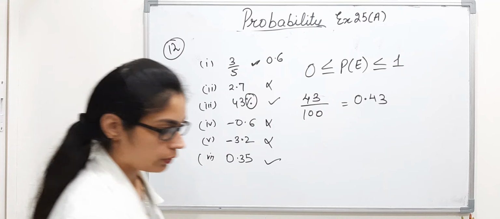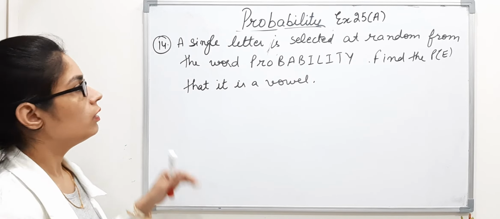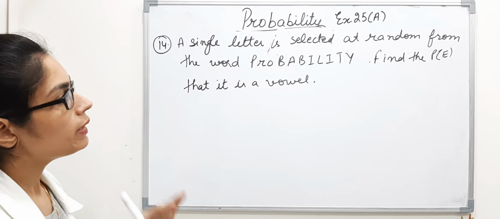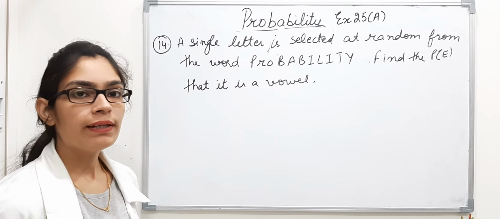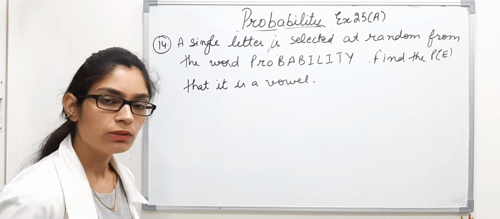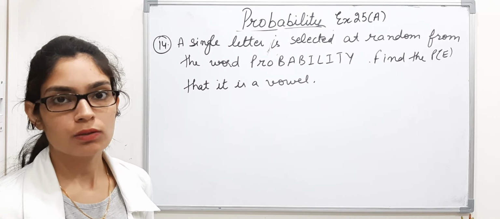Now let's do the next question. The 14th question is based on vowels. In probability you will come across so many questions where you have been asked about vowels and consonants.